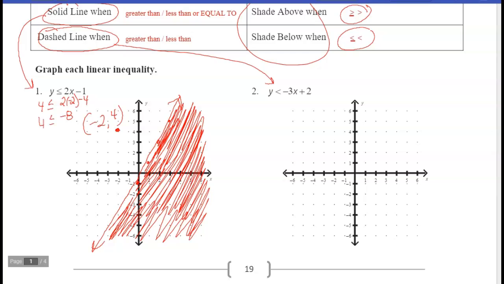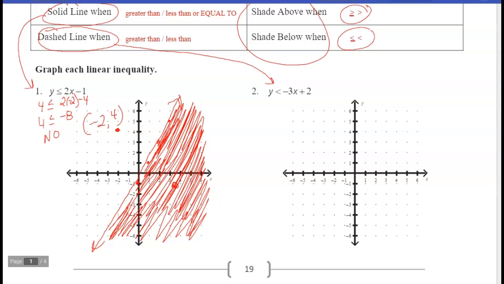Is 4 less than or equal to negative 5? No, it's not. So that would tell you that over here, nothing is shaded. But if we picked any point over here, it would be true. I'll do that on the next one.